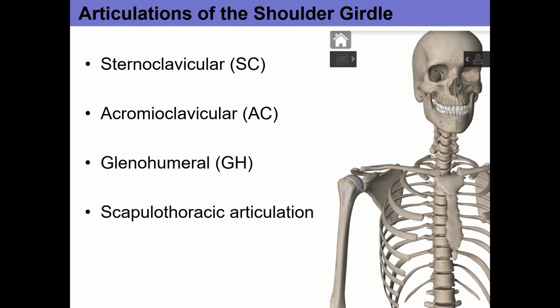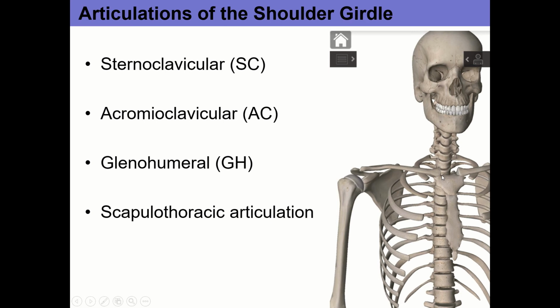The first one on there is the sternoclavicular joint. Because joints are typically two bones interacting, oftentimes the name of the joint will be the two bones that interact. So the sternoclavicular joint is formed by the interaction of the sternal end of the clavicle, remember, that's the more rounded of the two ends, and the clavicular notch here on the manubrium of the sternum.